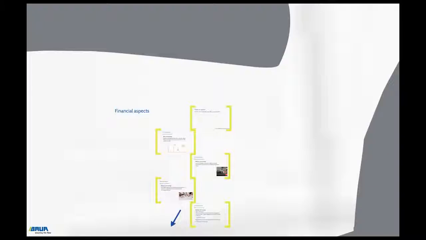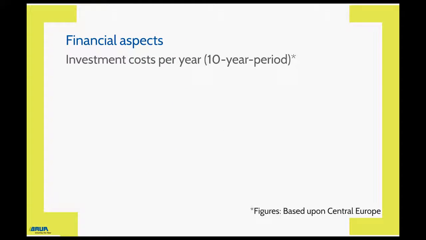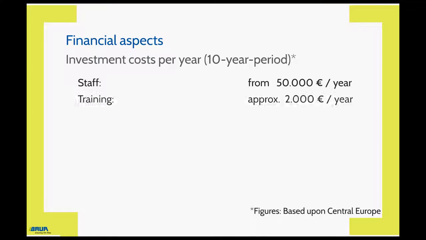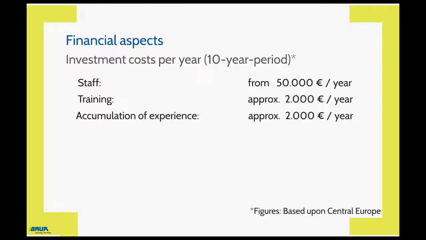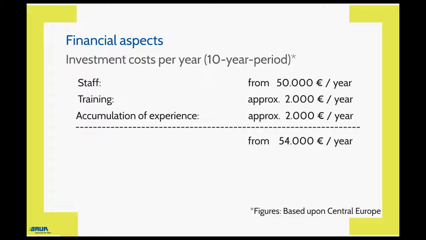When considering this subject from a financial perspective, the following investment costs should be planned over a 10-year period. Staff are required for cable testing and diagnostics. Initially, costs start at around €50,000 per year. Then the costs of training and investment in building staff experience must be added to this. The costs for staff and expertise add up to around €54,000 per year.